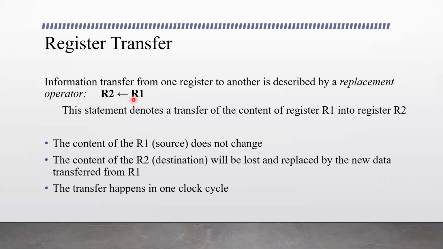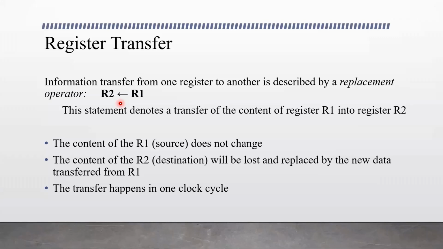Here R1 is called the source register, from where the information is to be transferred, and R2 is the destination register, to where the information is to be transferred. The operation used to show this register transfer is the replacement operator, the arrow.